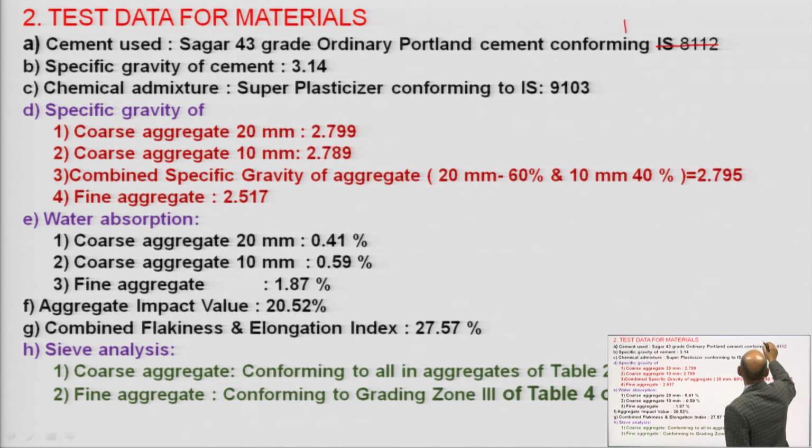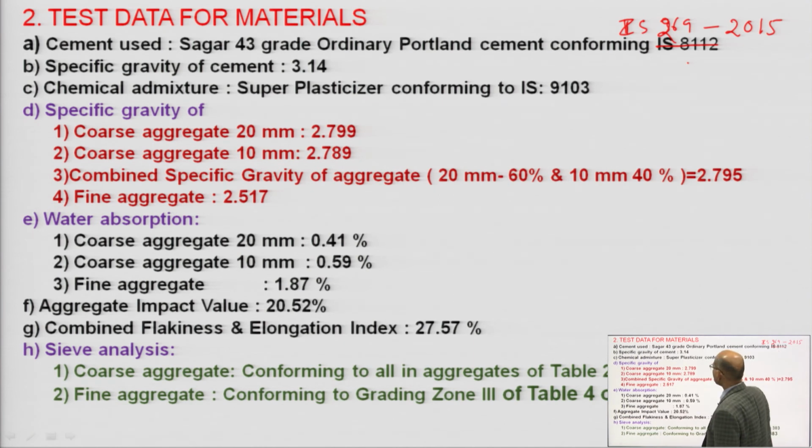Previously I have discussed IS 269:2015 code. This specification has been updated to 2015. Sorry, this was a typographical mistake. So, we are using 43 grade ordinary Portland cement conforming to IS 269:2015.